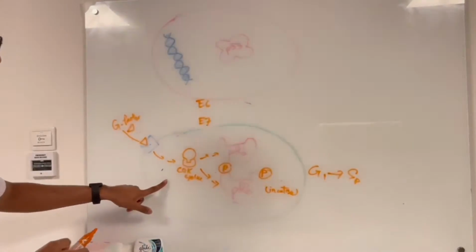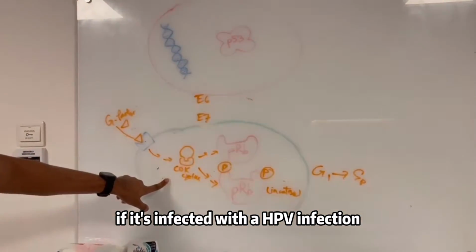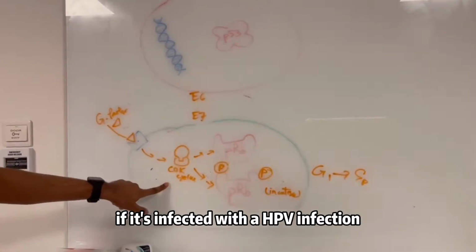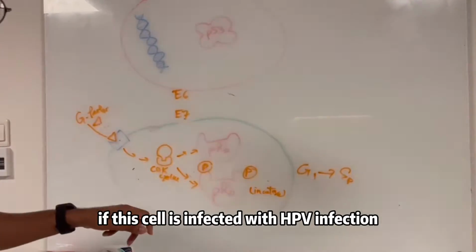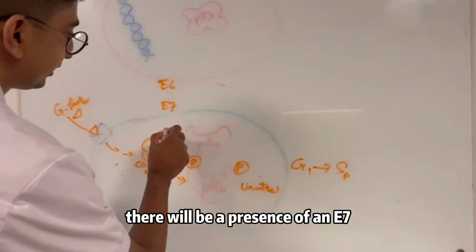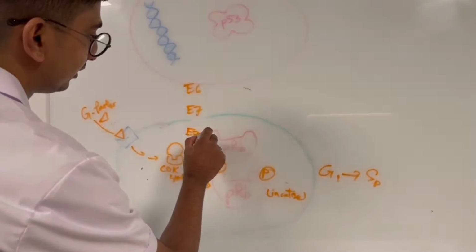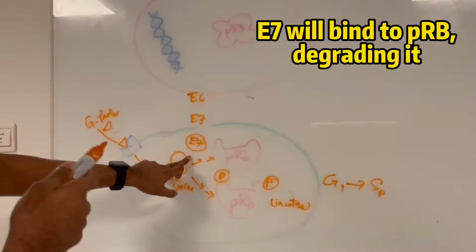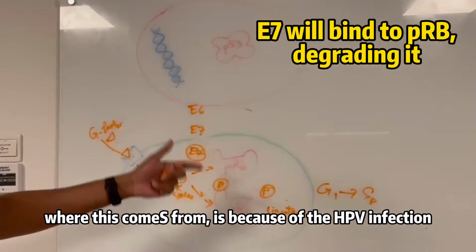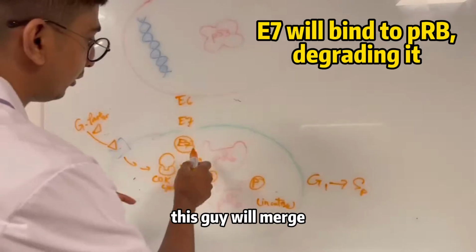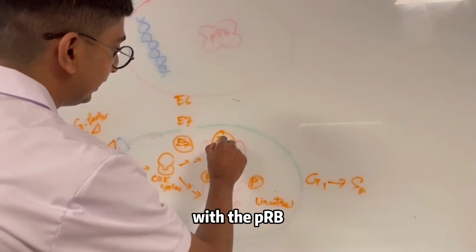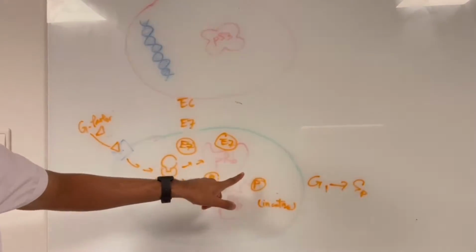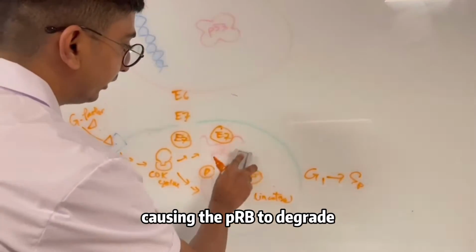But if this cell is infected with HPV, there will be the presence of an E7 viral oncogene protein, which comes from the HPV. This will bind with the pRB, causing the pRB to degrade.